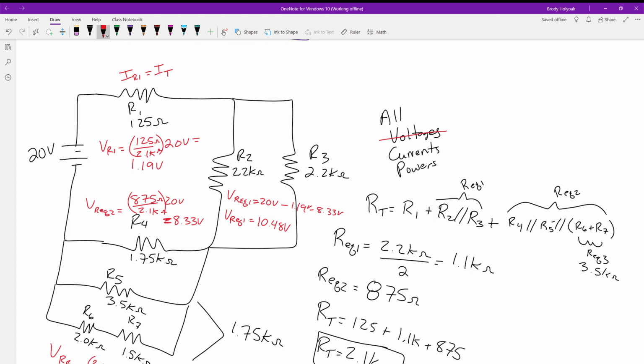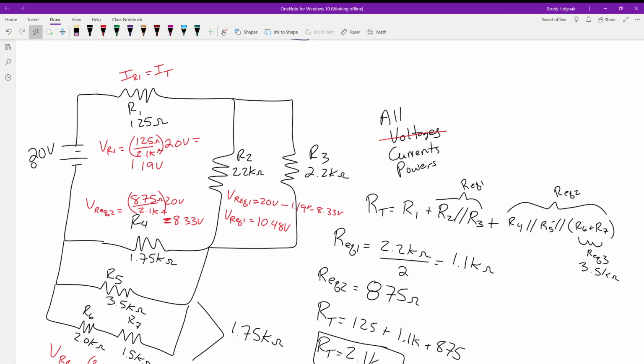So what I want you guys to do is take the voltage drop across R1 divided by the 125 ohms. And then somebody else take the total voltage, the 20 volts, and divide it by the 2.1 kilo ohms. For R1, using the R1 method. Okay, and then using the total, should be the same.